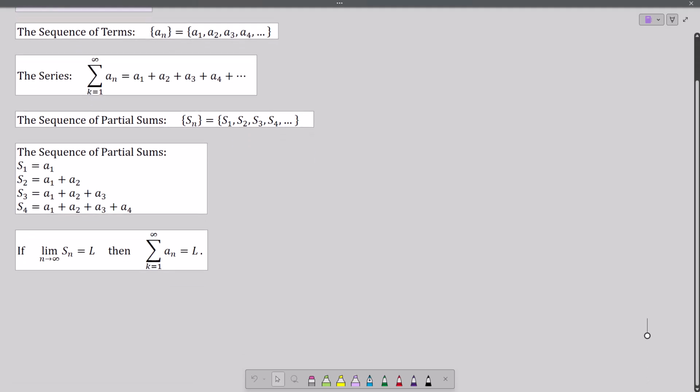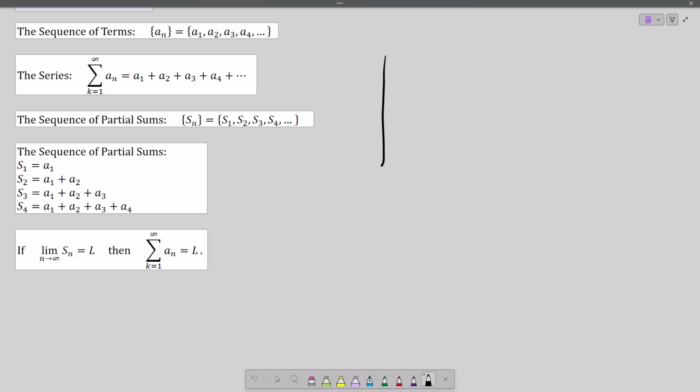And again, the sequence of partial sums is this bootstrapping method where you keep adding one more term, one more term, one more term. So we start with the first term, then we add the first two, then we add the first three, then we add the first four. So in your mind, you should be thinking of these two sequences as very related.